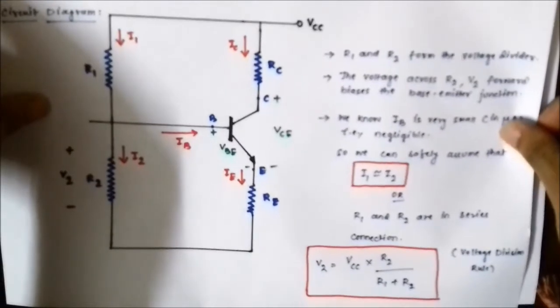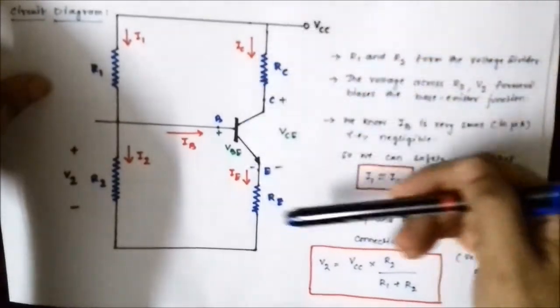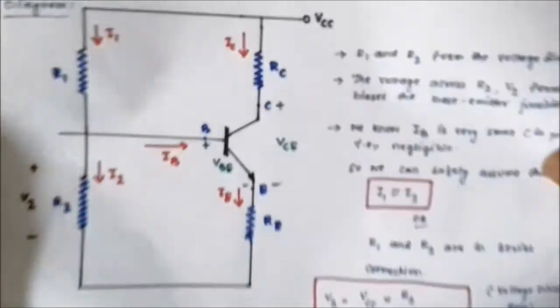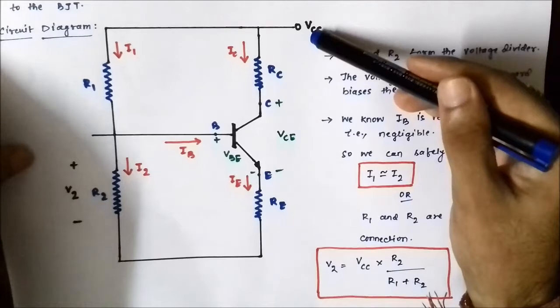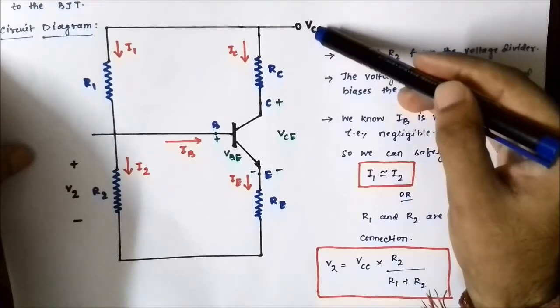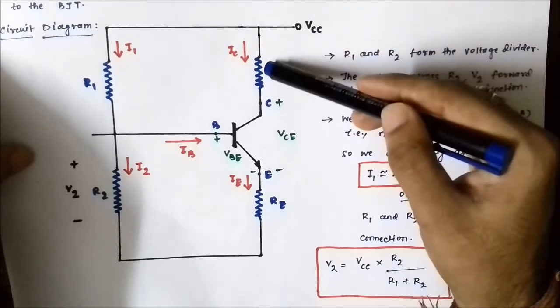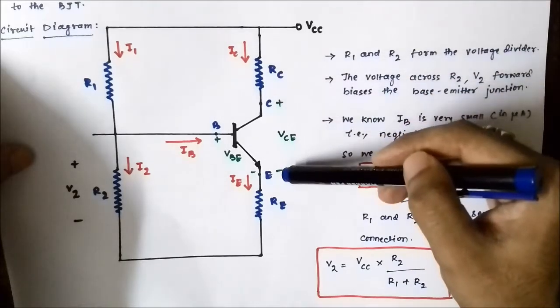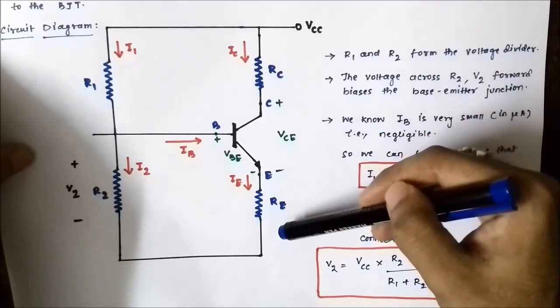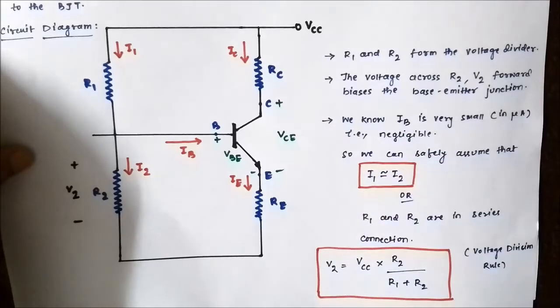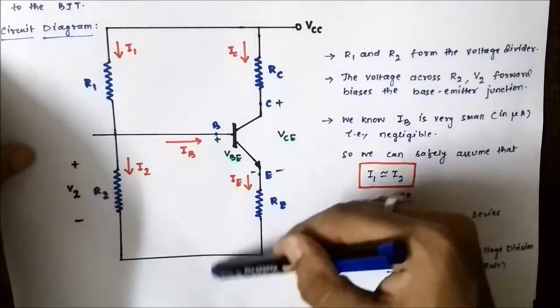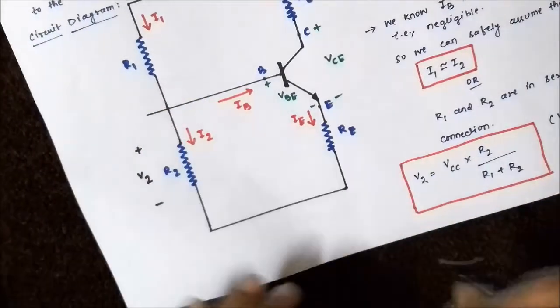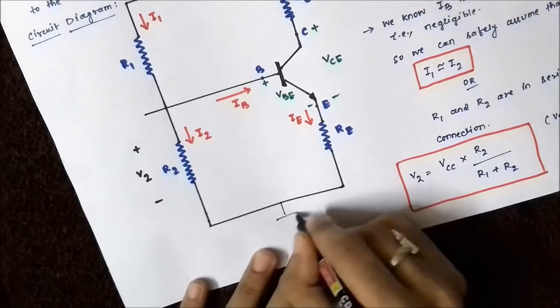For that we will apply KVL in this output circuit. Okay, so how we can apply that KVL? Starting from here, we'll apply the KVL as VCC minus ICRC minus VCE minus IERE is equal to 0. Here we have applied the ground to ground KVL. There is a ground here which is connected to the supply, and here there is this ground.